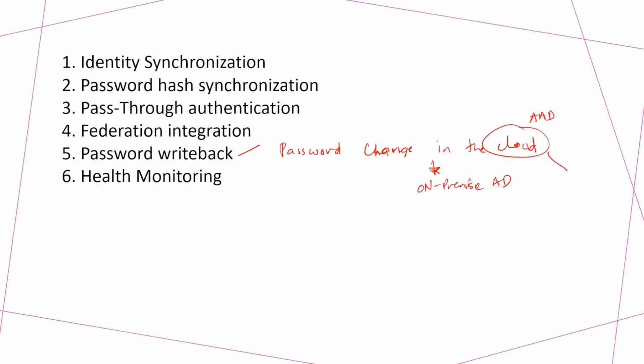This process is real-time and zero delay. As simple as that, I think that's pretty straightforward. So when a user changes the password in Azure AD, it will then be written back to on-premise AD immediately.